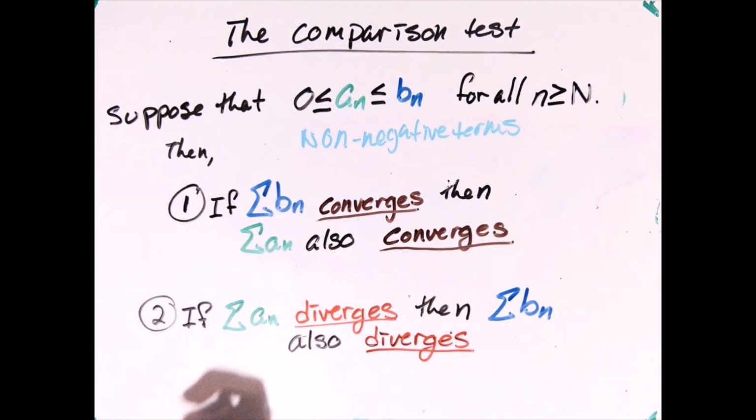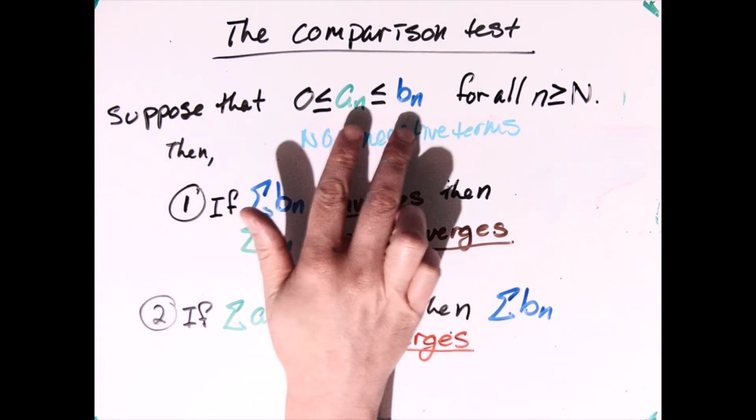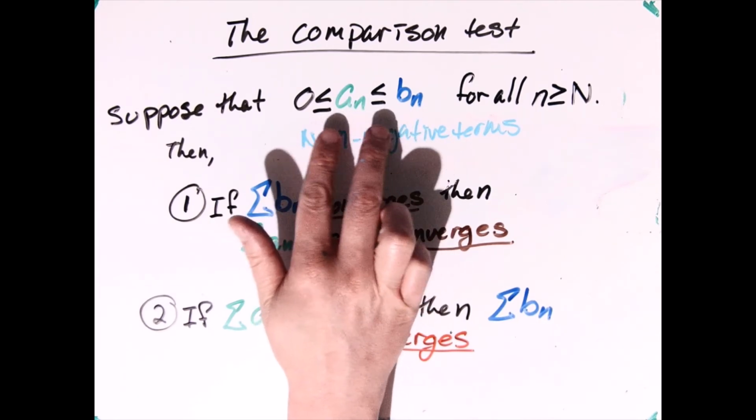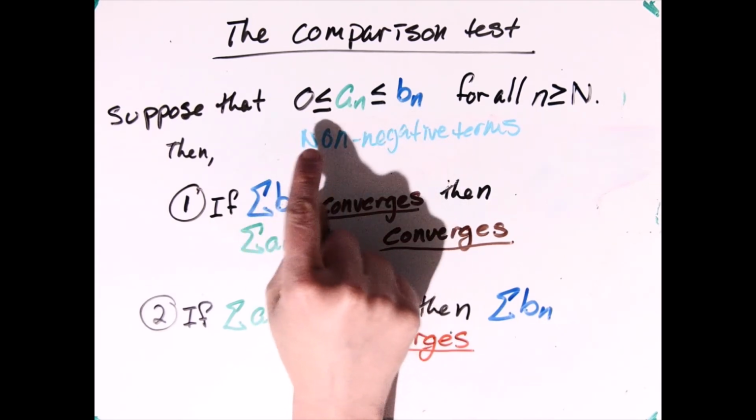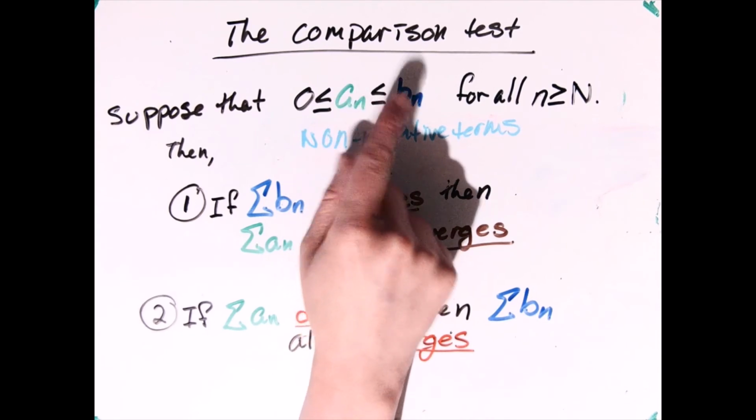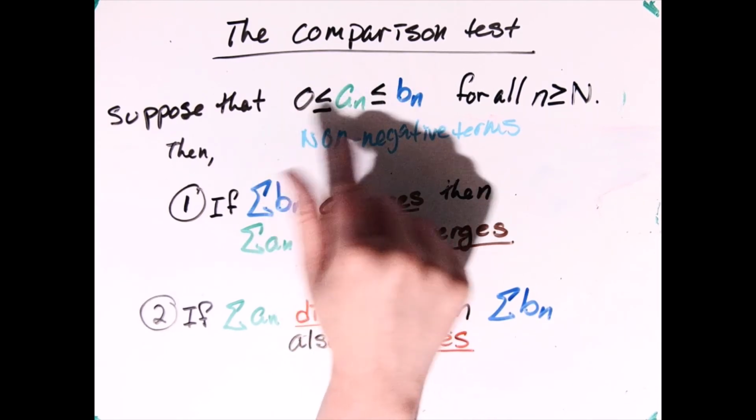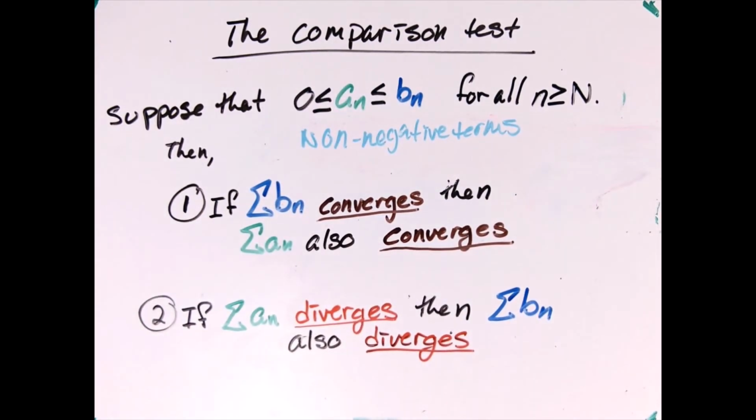What's happening with that? If I want to know what the actual sum is, I can then tack back on the finite things that I got rid of. But also, I want to know that these two are comparing in this particular way. So this is giving me not only that they're non-negative terms, but that the terms, term for term, are in fact comparable.